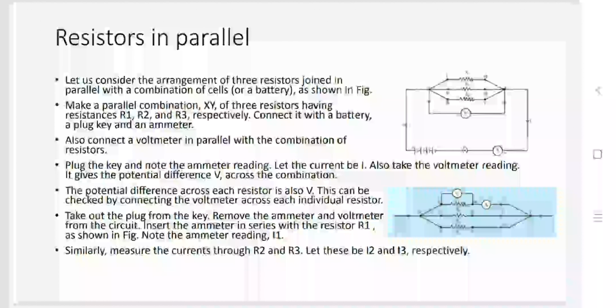So in first case, from the first diagram, we are able to measure a voltage drop across all these three resistors in parallel and total current flowing through the circuit as I. Now from the second circuit, we can understand that we are going to measure voltage and current from that individual path, from that individual resistors.